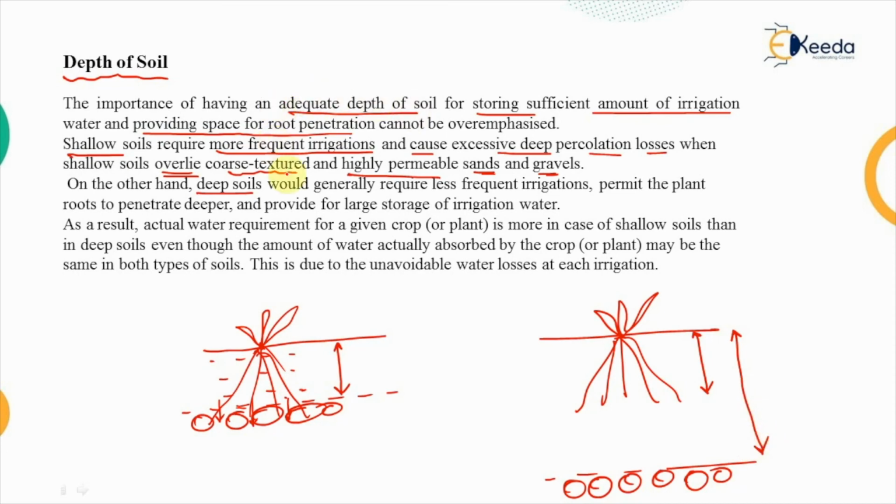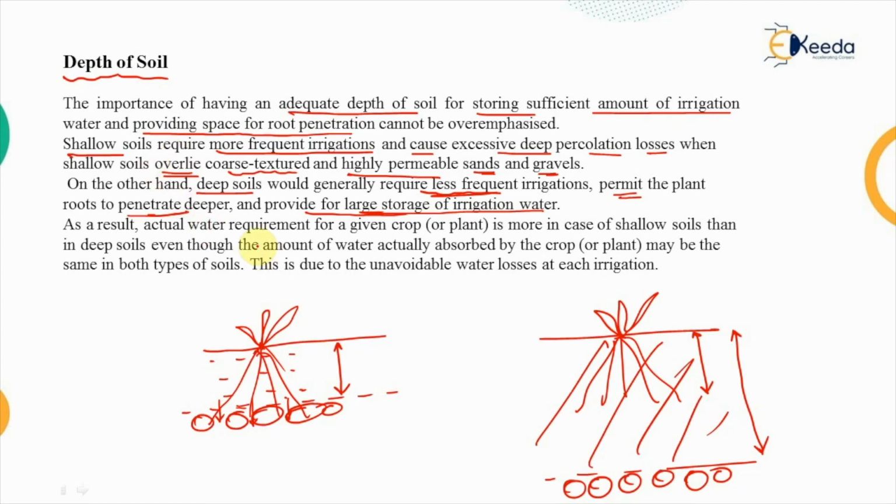Therefore, for deep soil, the irrigation requirement would be less frequent, which would permit the plant to penetrate deeper, and it would provide for large storage of irrigation water, because this entire area would be used as the storage facility.